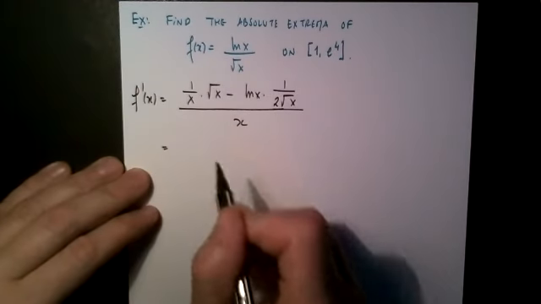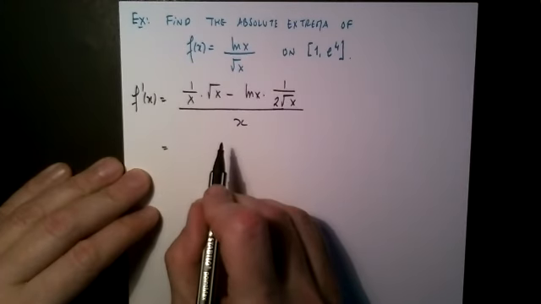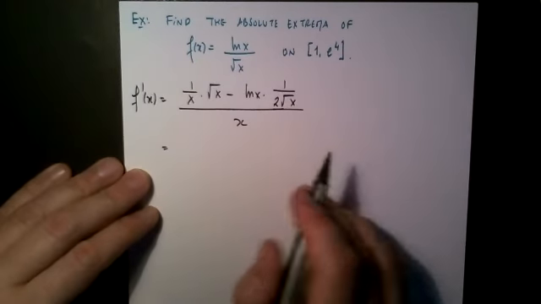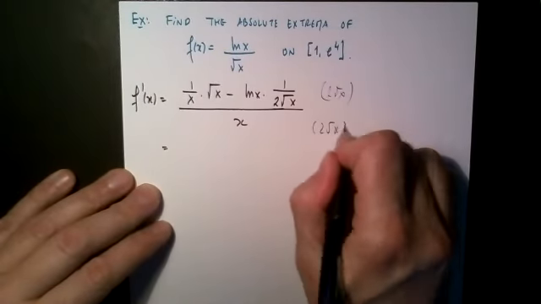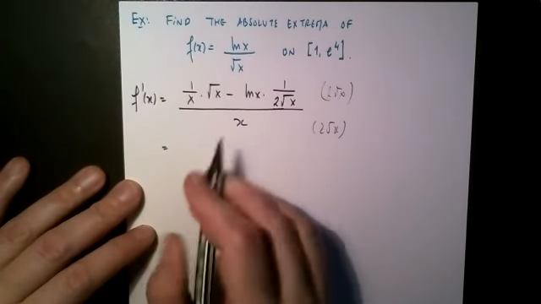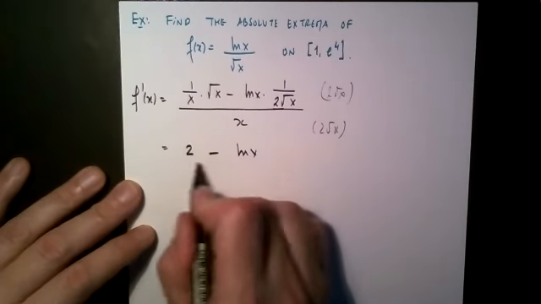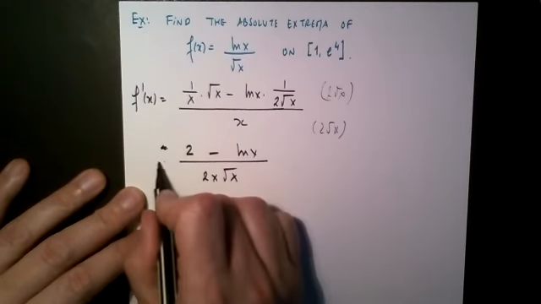So root x over x is 1 over root x. I'm going to multiply the top and the bottom by 2 root x. That way I get 2 root x times root x over x is 2, minus ln x, and on the bottom I have 2x root x.